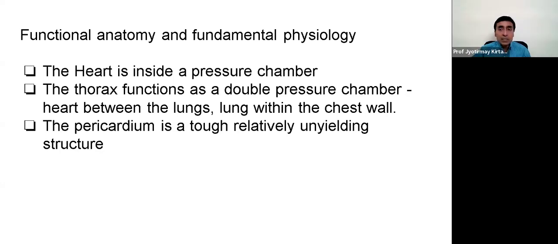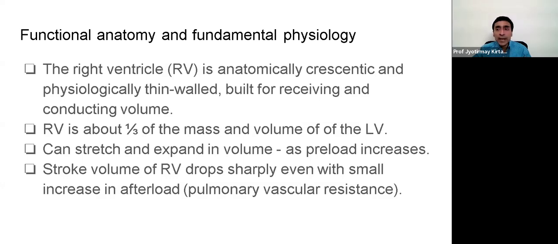So we have to consider the juxta-cardiac pressure. This is the pressure exerted on the heart by the adjacent structures, including the lungs and the chest wall, and limited by the pericardium, and the chamber pressures of all four chambers. Any abnormality will be reflected in the ventricular performance.